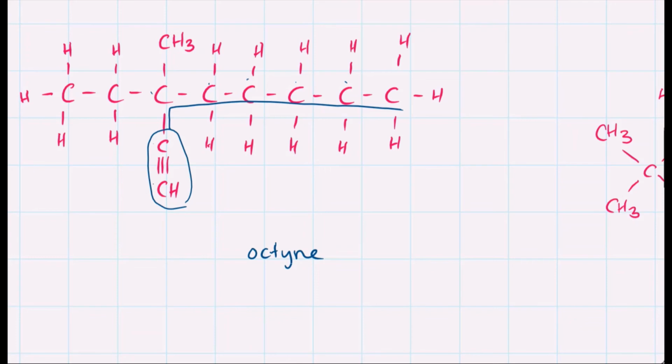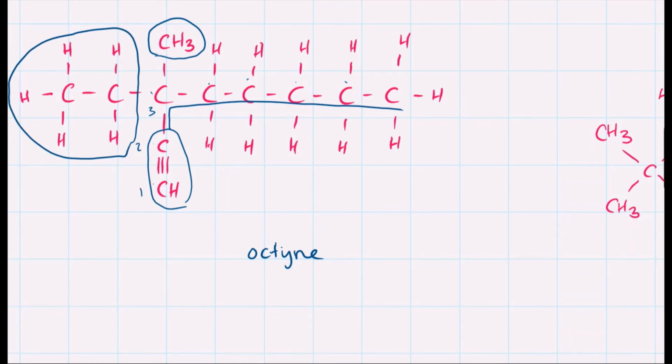Octyne, again, it's at the end, so we don't need to put a number in here. There is 1 methyl coming off carbon number 1, 2, 3. And here, 2 carbons in the substituent, so it is an ethyl group. They're both on carbon number 3. It's going to be 3-ethyl, 3-methyloctyne.